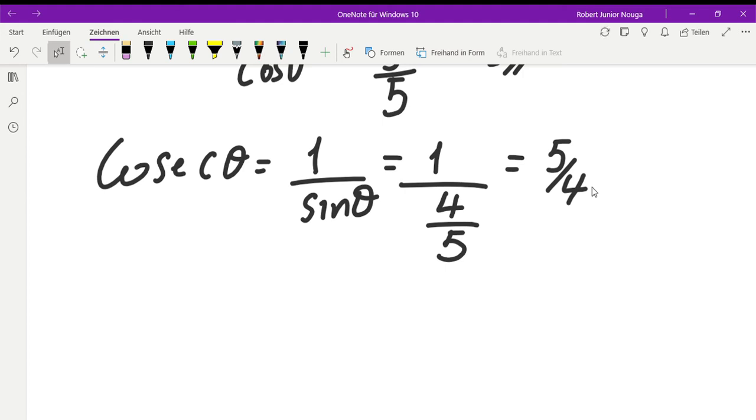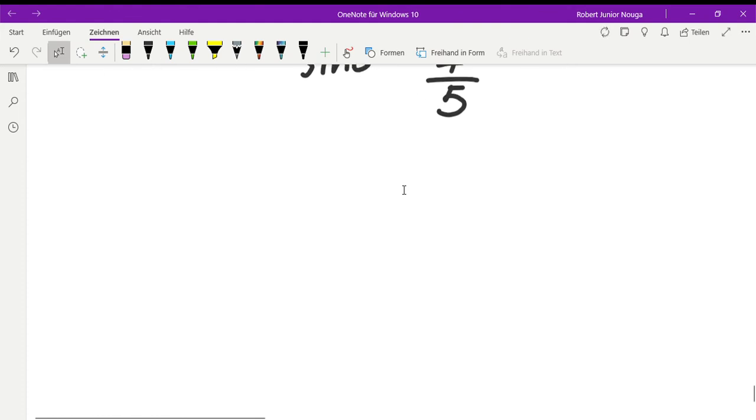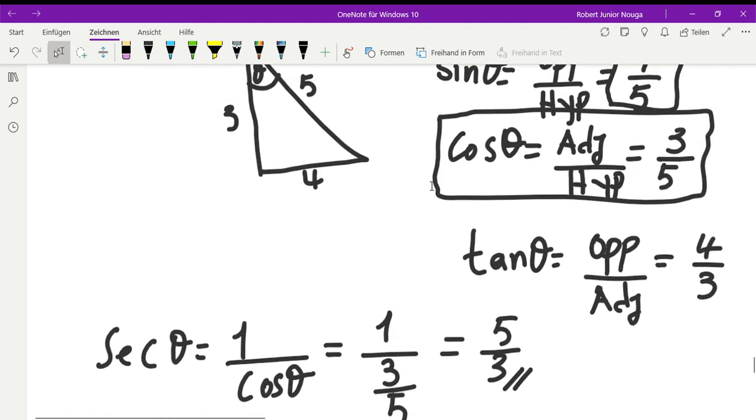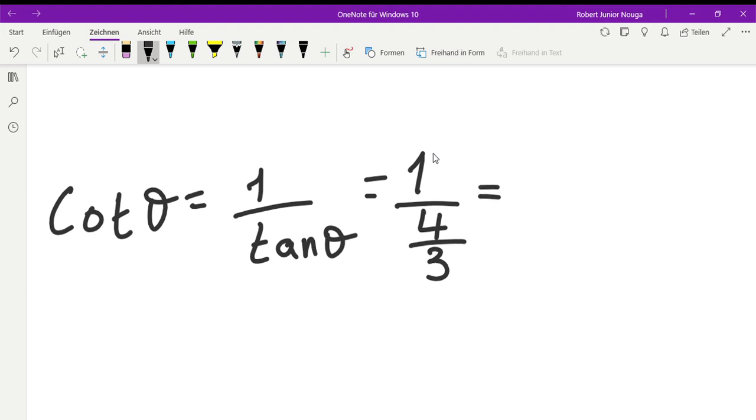Just the inverse of the sine function. Let us look at the cot function. It is equal to 1 all over the tangent function. We know that our tangent function is equal to 4 divided by 3. So our cot function will be equal to 1 divided by 4 over 3, and this will be equal to 3 divided by 4.